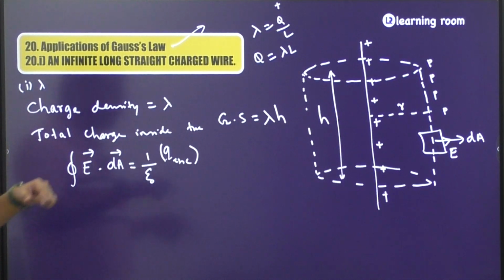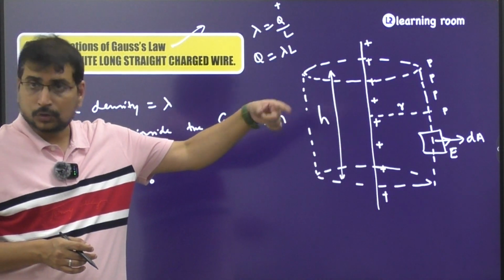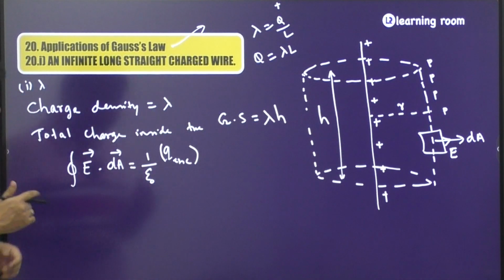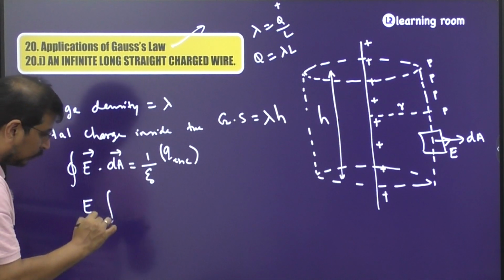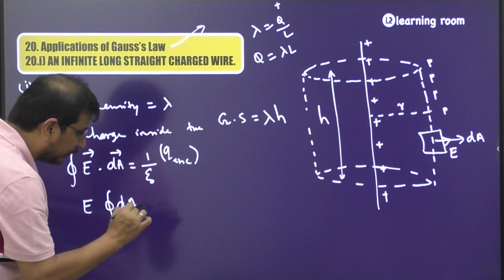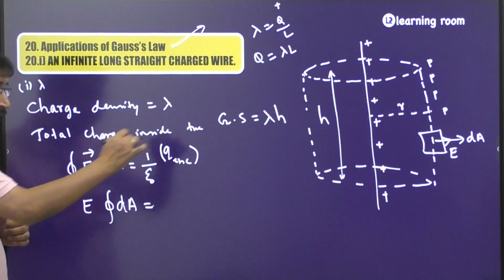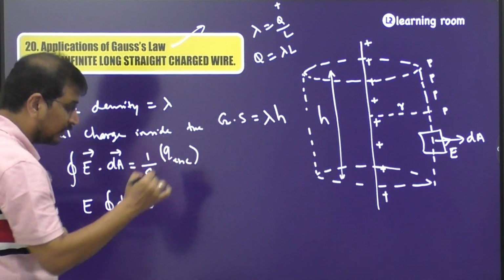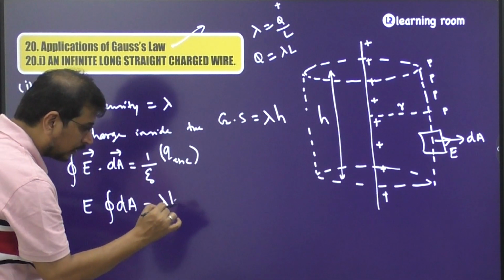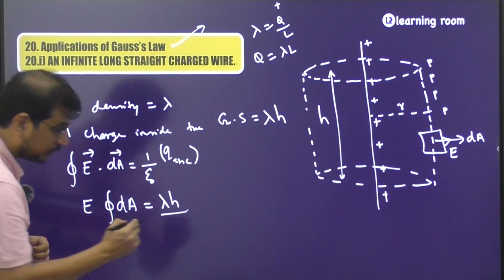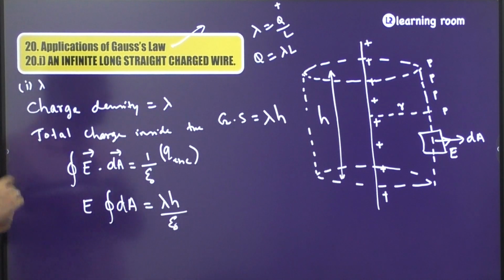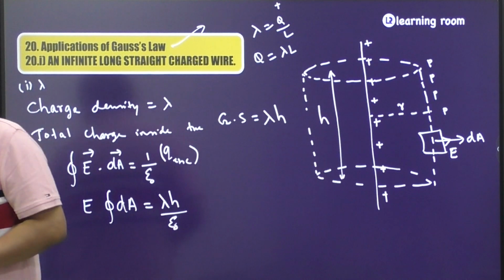In this case also electric field is a constant, so I can take the electric field outside. So E into the surface integral of dA is equal to, what is the charge enclosed within the Gaussian surface? It is lambda into h divided by epsilon naught. Now tell me one thing.